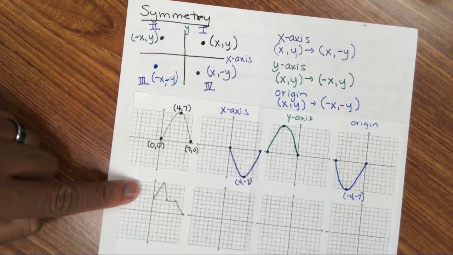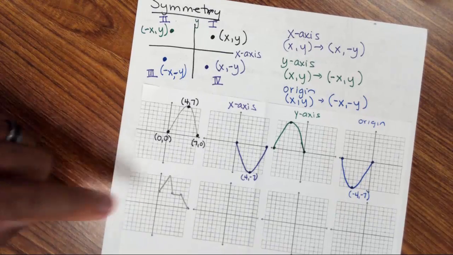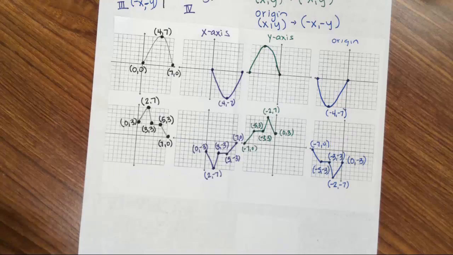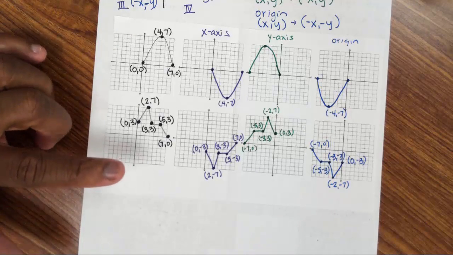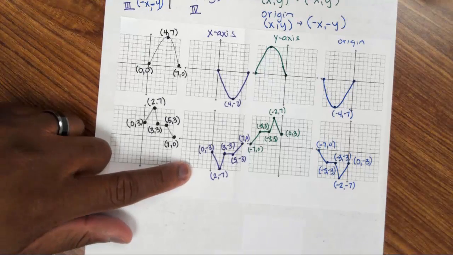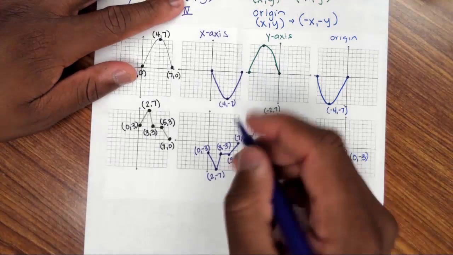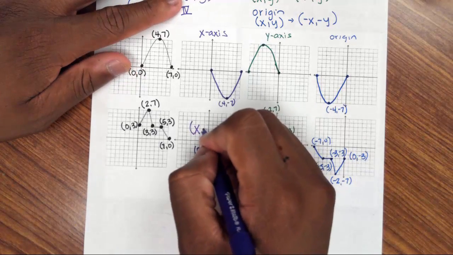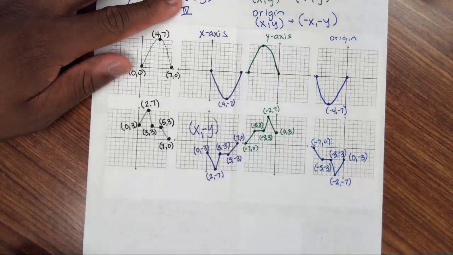What I want you to do is do it for this function now. Find the x-axis symmetry, the y-axis symmetry, and the origin symmetry for this function. Check that your graphs are looking like my graphs right now. And again, this is a very simple process. The first one, the purple one, my x-axis symmetry, the only thing that's changing are your y values. So your x's stay the same, the y's flip their signs.